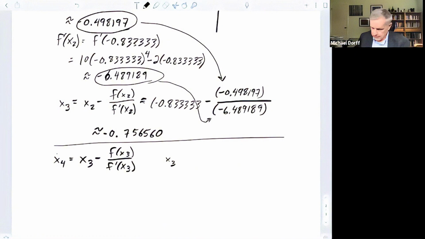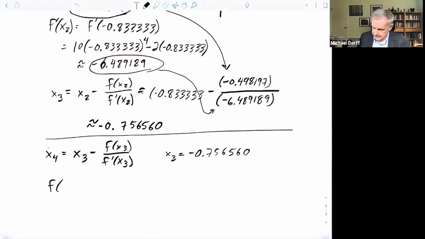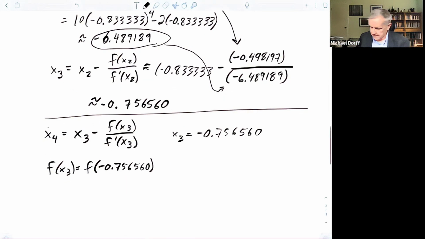All right, we already know what x sub 3 is. Remember, x sub 3 is negative 0.756560. So I now need to figure out what f of x sub 3 is, which would be f of negative 0.756560. And when I plug that into my formula, I get approximately negative 0.068115.